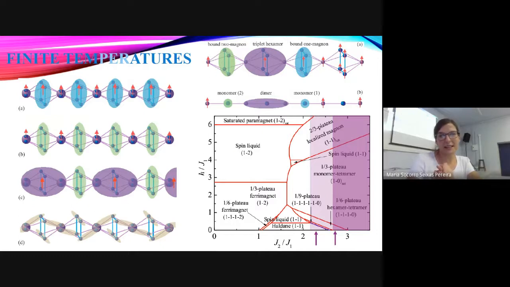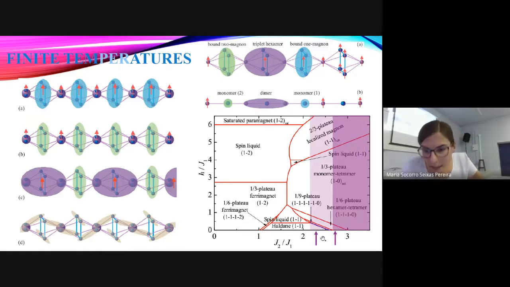Okay, here let me remind you of the ground state phase diagram and explain our lattice gas description from a different point of view. If J2 over J1 is greater than 2.16, the most relevant ground state is the fully polarized ferromagnetic state, then the bound magnon crystal phase, then the monomer-tetramer phase, the hexamer-tetramer phase, and the Haldane phase.